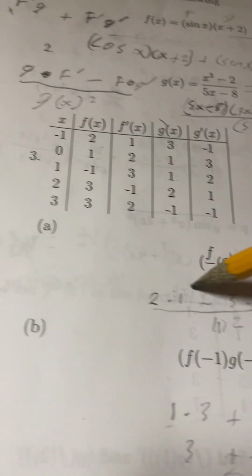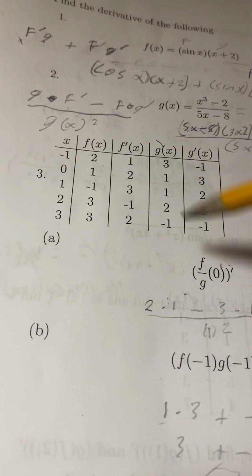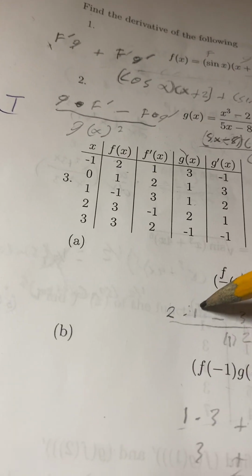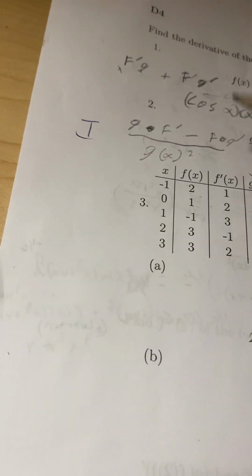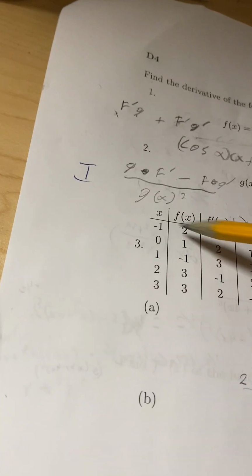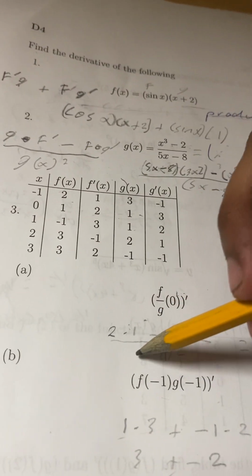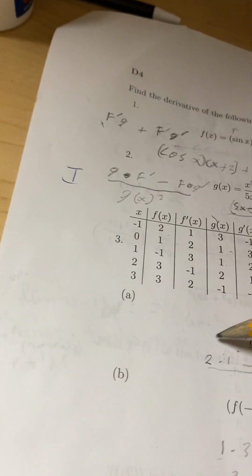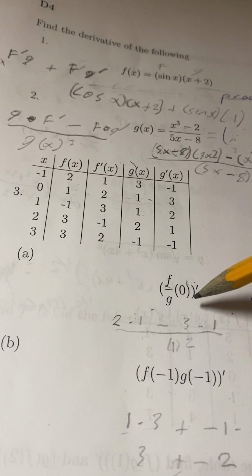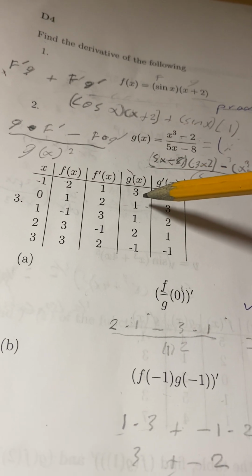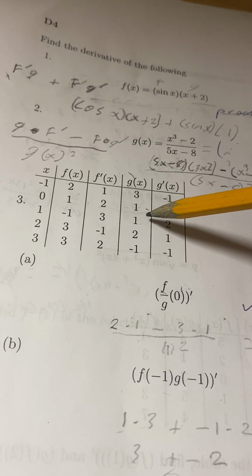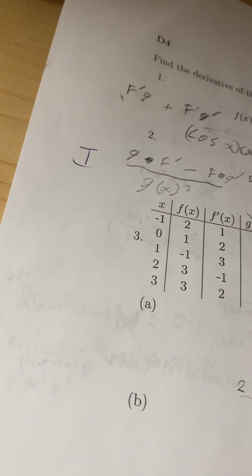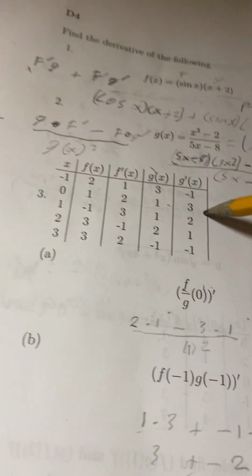F of 0 is 1, g of 0 is 1, f prime of 0 is 2, and g prime of 0, wait, g prime of 0 is 3.